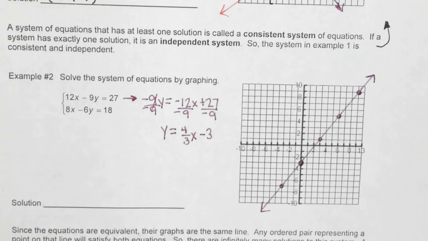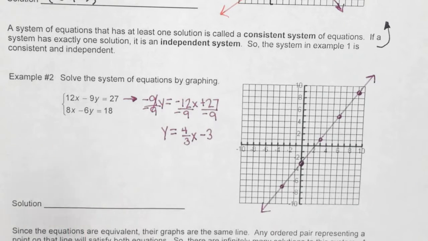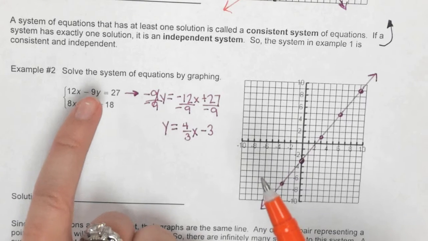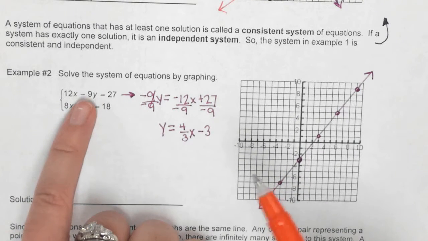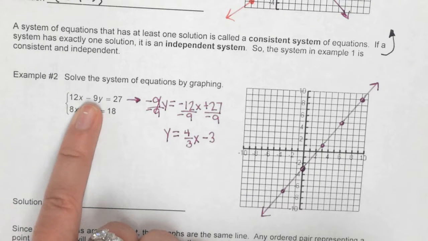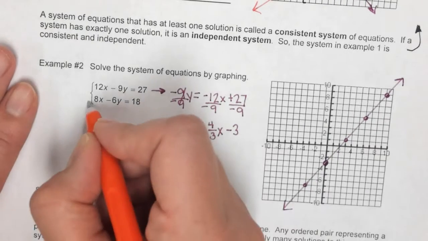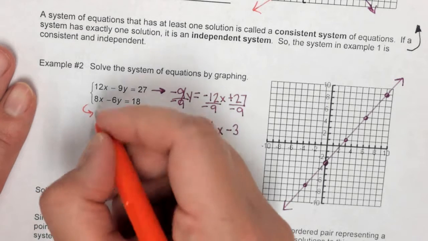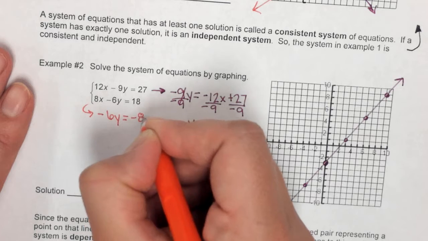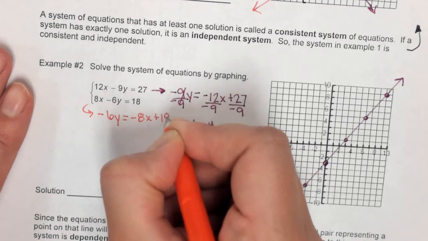Okay, now if I want to do that same thing with the second one, let's see if standard form will work. If I try to do an x-intercept, I have 8x equals 18. So I'd have to divide 18 by 8. Will that work? No. 16 can divide by 8, but not 18. So we have to do the same thing. Get the x on the other side, so negative 6y equals negative 8x plus 18.